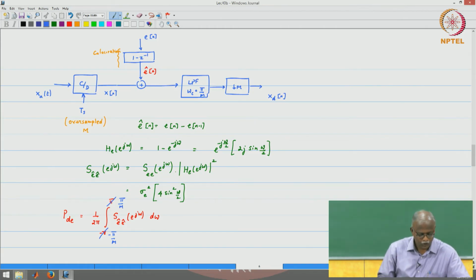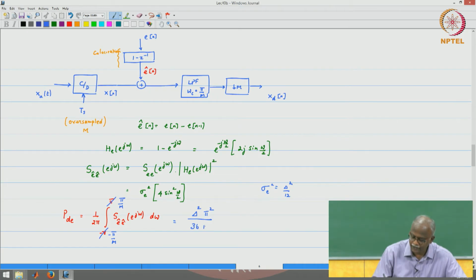Okay. So, please substitute for SEE, do the integration and verify that what comes out at this point is delta squared by pi, where sigma E squared is equal to delta squared by 12. So, that is where the delta squared is coming. So, delta squared pi squared divided by 36 m cubed.